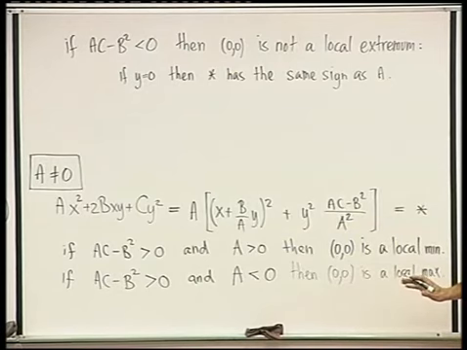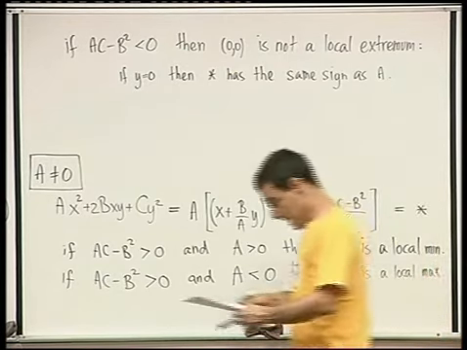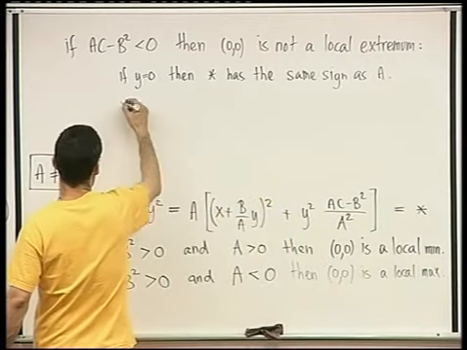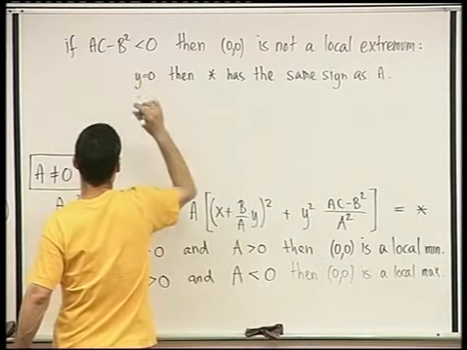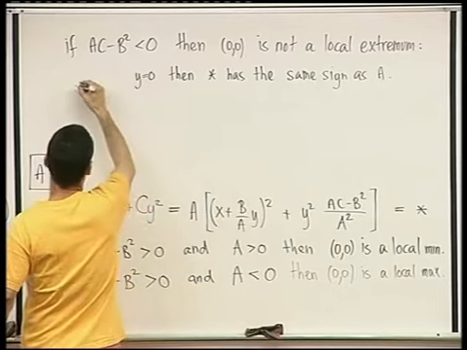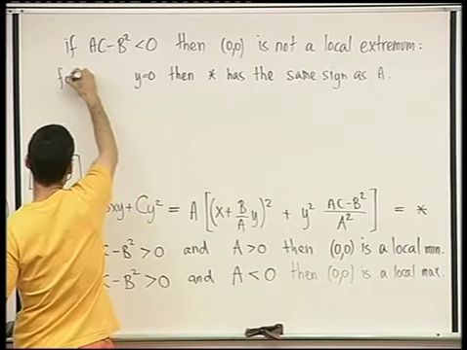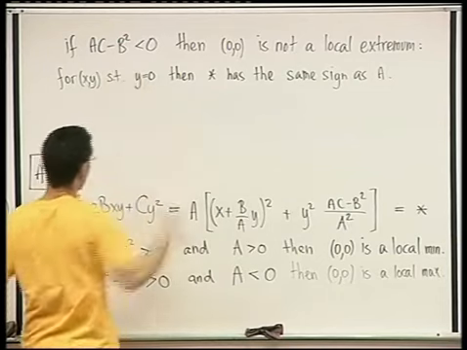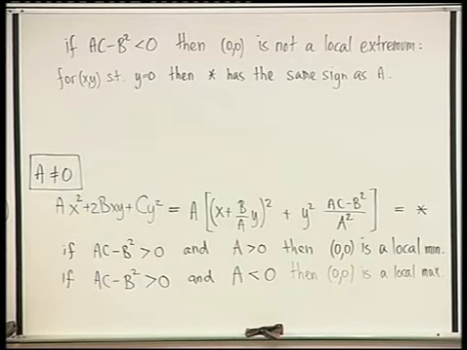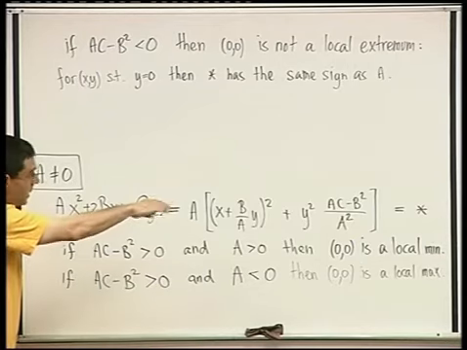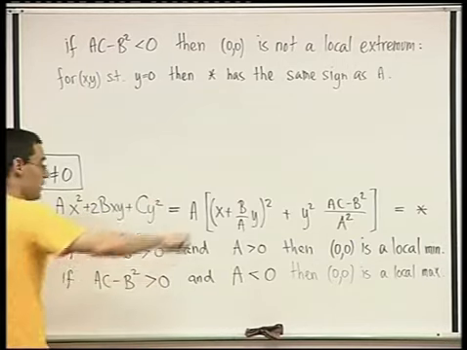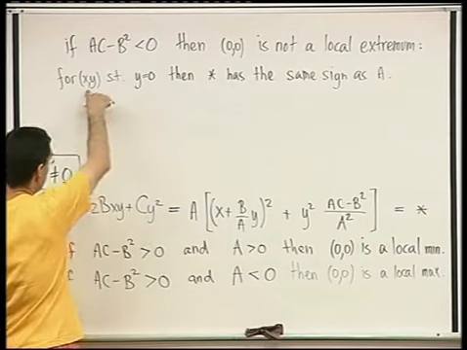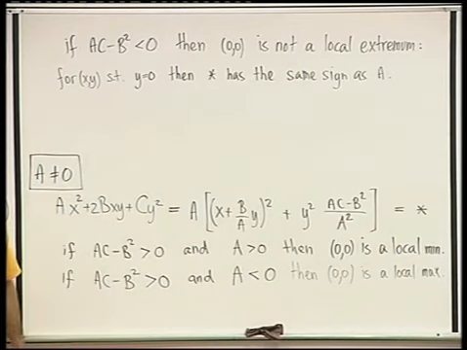Okay. Now look at points. Let's replace this if by writing this. For points x, y, such that y is 0, the expression has the same sign as a. So if a is positive, the value of the function at these points is positive. If a is negative, it's negative. Okay.